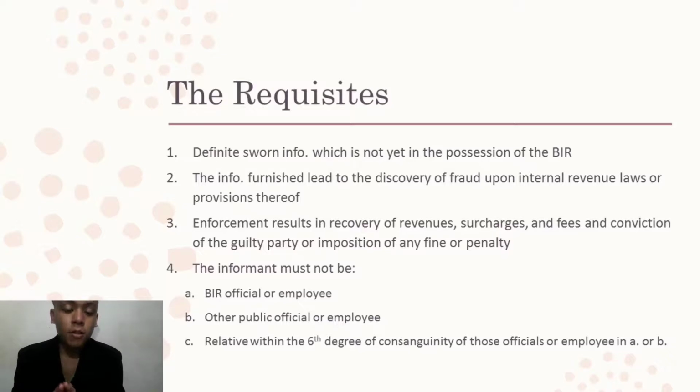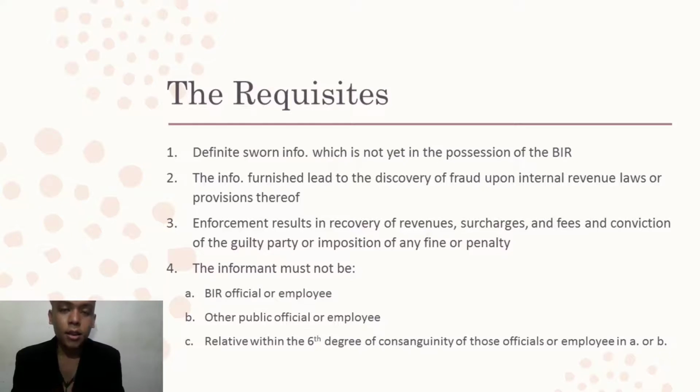Third, enforcement results in recovery of revenues, surcharges, and fees, and or in conviction of the guilty party or imposition of any fine or penalty. And lastly, the informer must not be, first, a BIR official or a BIR employee. Second, the informer must not be any public official or any public employee.